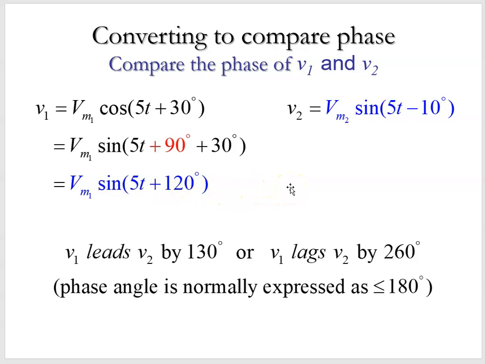We could also convert the sine to a cosine, so this would equal Vm2 cosine.